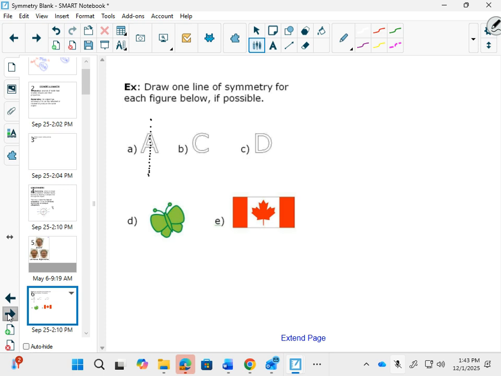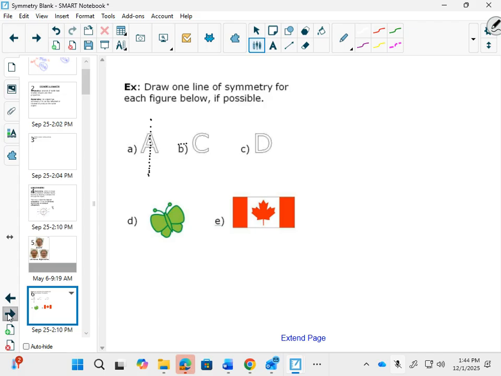Each one has to draw a line that is the same on both sides. Oh yeah, the same. C is gonna be the most annoying. Yeah, we did that one as an example.